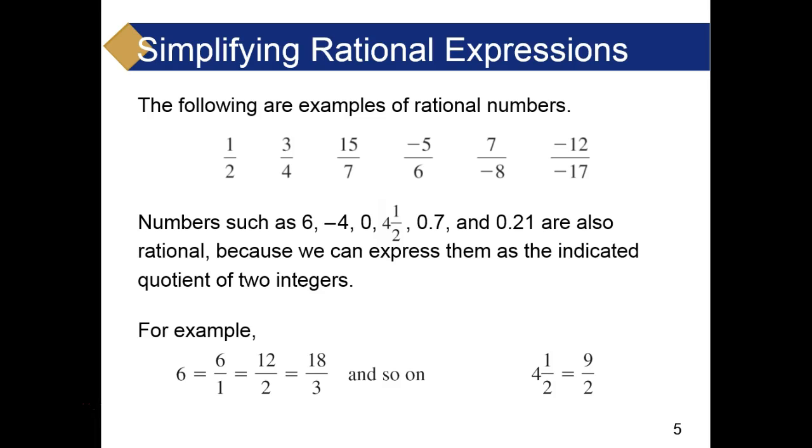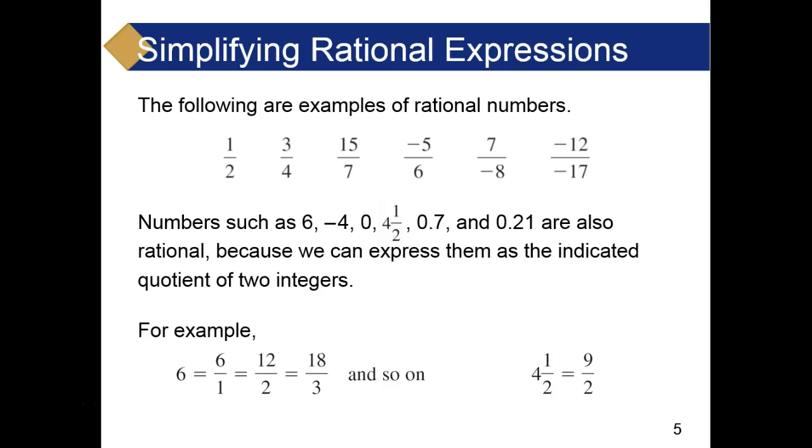It's still going to be 0, right? So that is a rational number. It's just 17 over 0 is not a rational number. You can't divide by 0, but you can divide by any other thing. How about 4.5? Is that a rational number? Yeah, because you could write it as 9 halves. Or 4.5, a terminating decimal. How about 0.7?